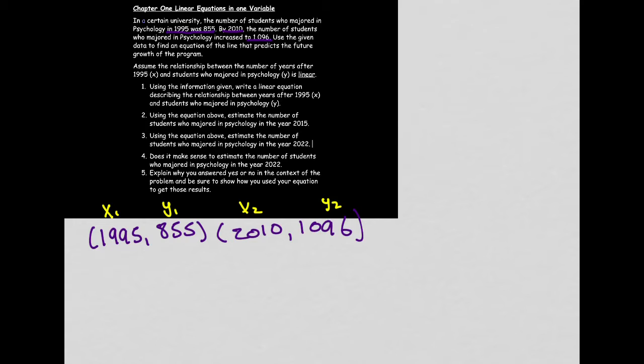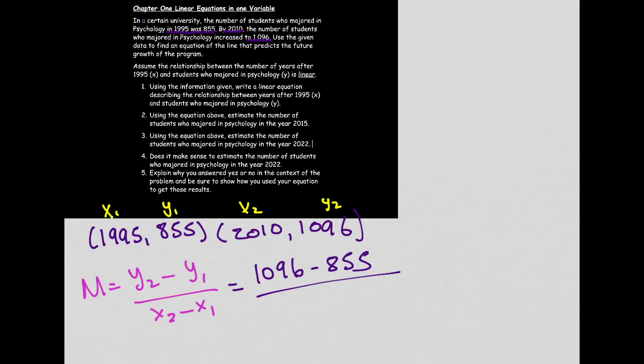If you remember correctly, the slope formula, in order to find the slope, is this. So then we're going to go ahead and substitute that information and see what we get. Now you might be asking yourself, why are we finding the slope? What let us know that what we want is the slope?